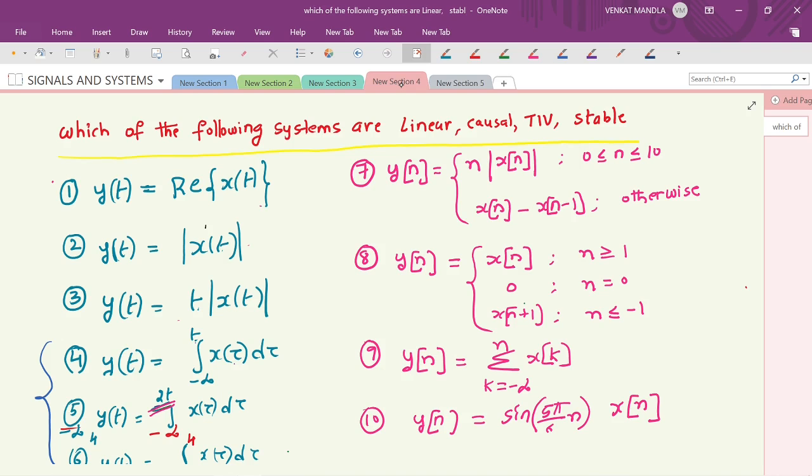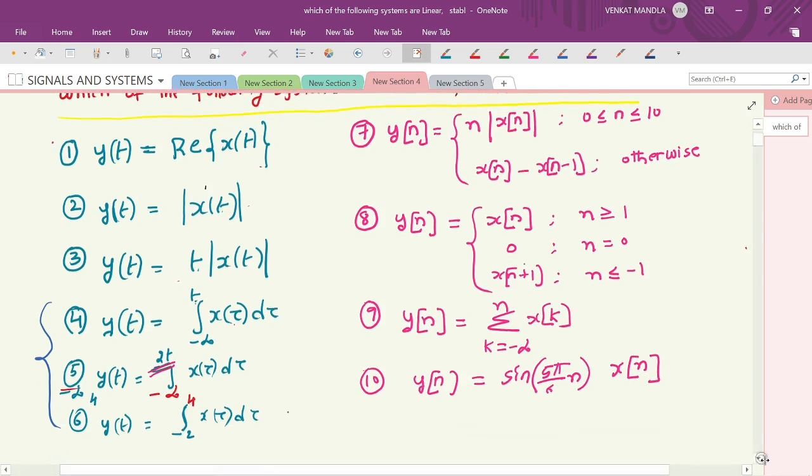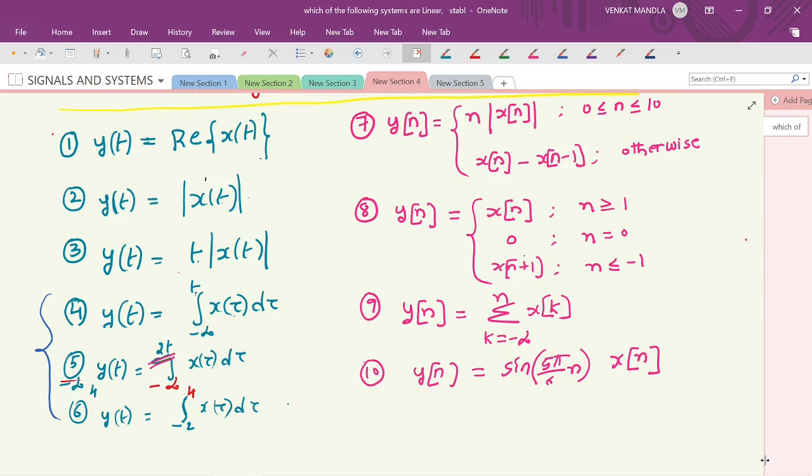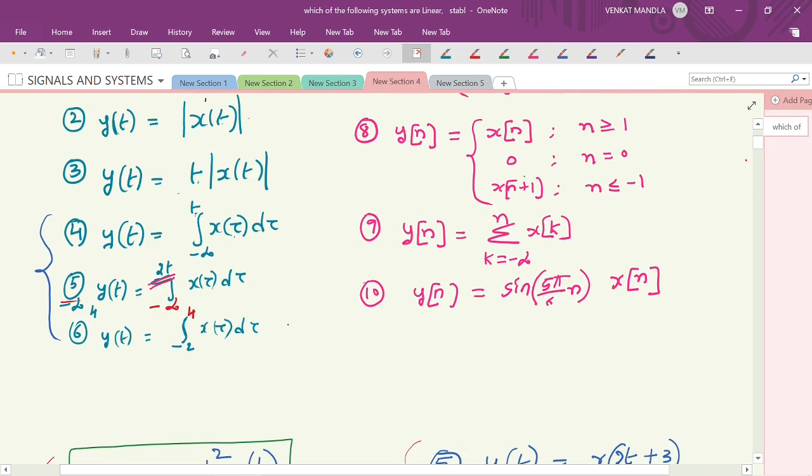Next, the second case, y(t) equal to integral from minus infinity to 2t of x(tau) d tau. Let us take the fifth one, y of minus 1.